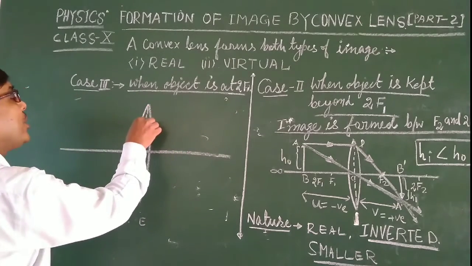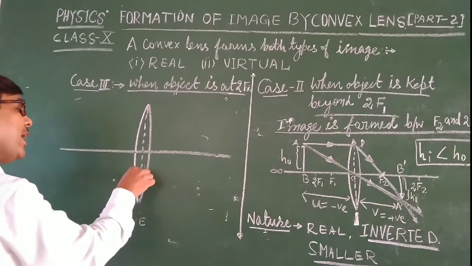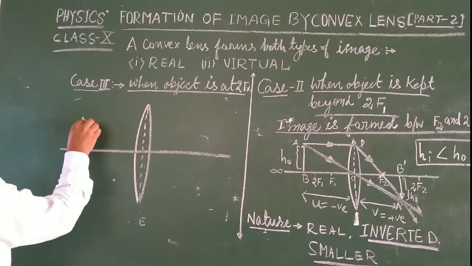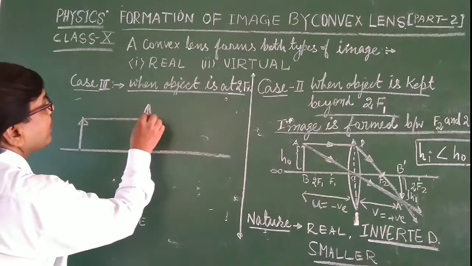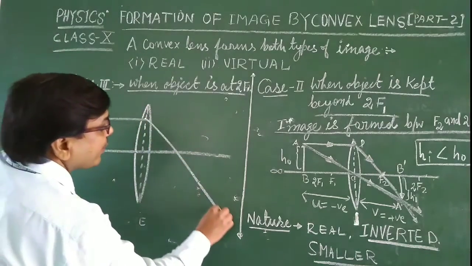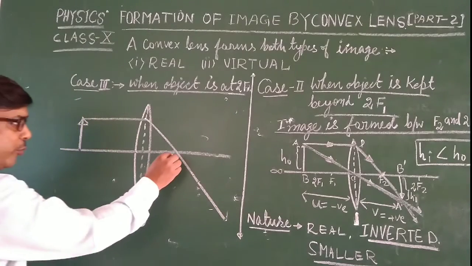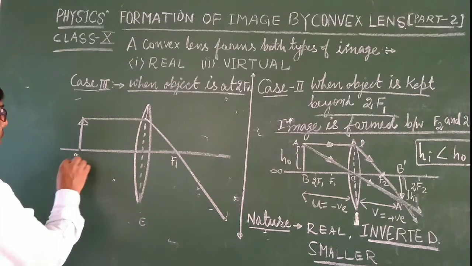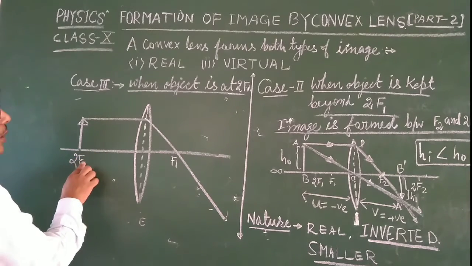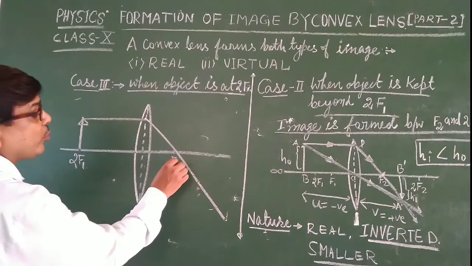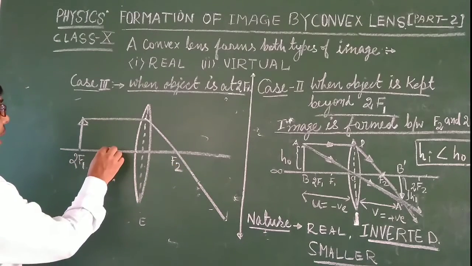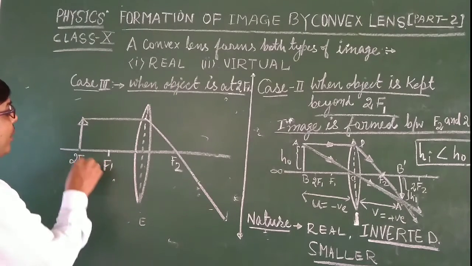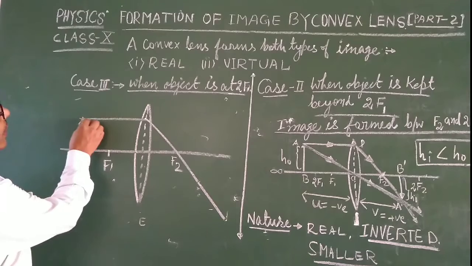Just try to draw a clear diagram, and keep the object AB here. Then after refraction it passes through focus F1. Here 2F1, here F2, and F1 is here.